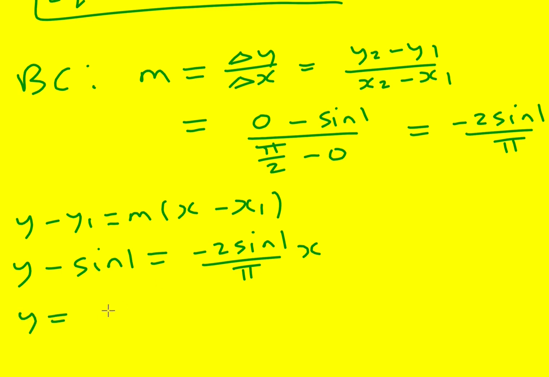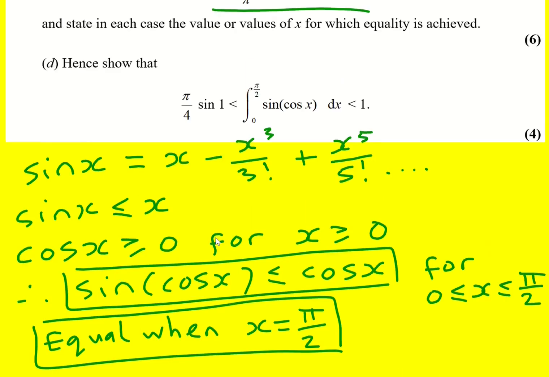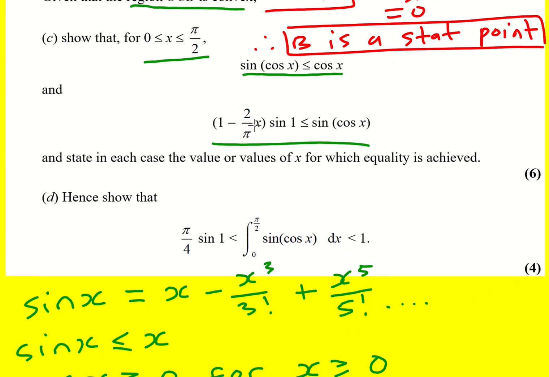And y is going to be sine 1 minus this. I can factorize out the sine 1, so it's going to be 1 minus 2 over pi x. That's not quite like the normal equation form, but it is actually now ready for this.